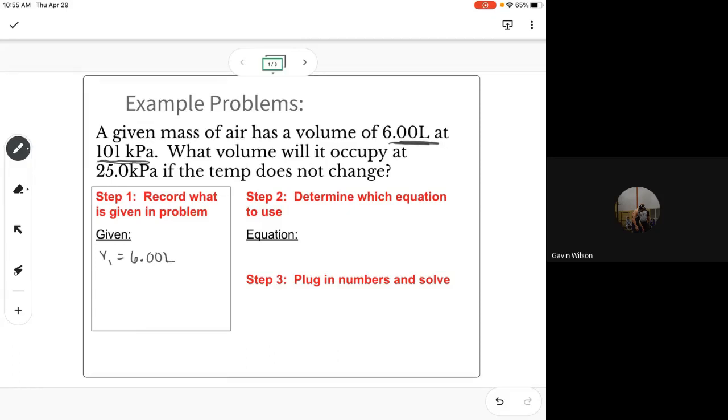So kPa represents what? Pressure, right? So 101 kPa is pressure. And then we want to know what volume will it occupy. So we want to know a second volume at 25 kPa. So the pressure is changing to 25 kPa. And then it says if the temperature doesn't change. So the temperature is constant.